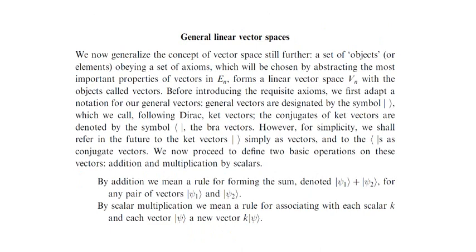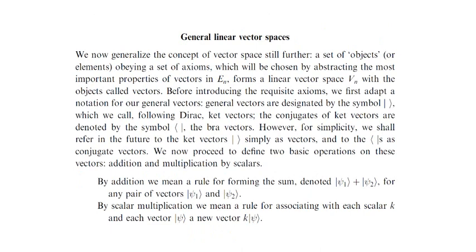Now, before we go into the axioms that are to be satisfied by objects if they are to form a linear vector space, we will just see how general vectors are represented, not the ordinary vectors which we represent with either boldface letters or with a letter with an arrow on top.